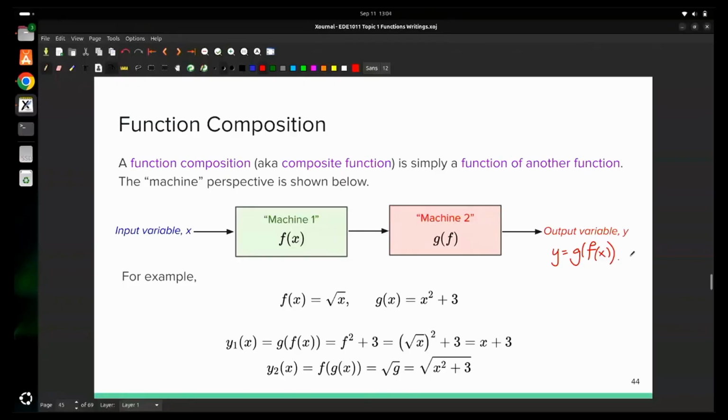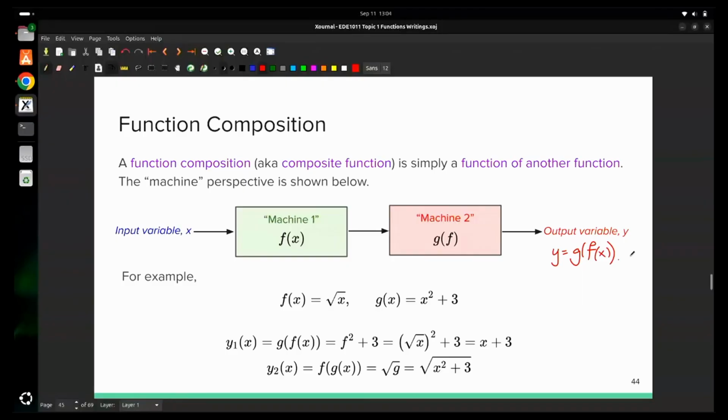In the real world, like in the manufacturing of a product, for example, there are many intermediate processes. From the raw material, you feed into some manufacturing process, then you take the output of that process, feed it into another manufacturing process, and so on and so forth.